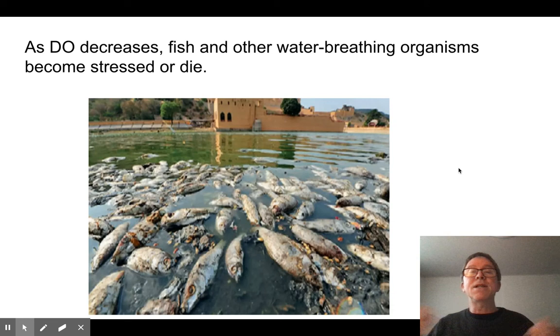But now the main thing to know is this. Always with eutrophication events or other events like this, when you have a drop in dissolved oxygen, the larger fish, the ones that have the greatest need for oxygen, die first. Okay, so we get these fish kills associated with DO decreases. And remember, we talked earlier in the year that there's a variety of organisms that live in a stream, for instance, like a caddisfly larva or black fly larva.